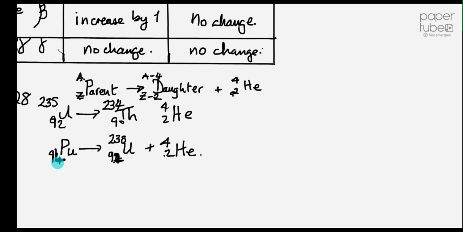I took the question down wrong. 238 and 4 is 242. Fair enough. Made a real hames of that one. So let's go through it again. 92 and 2 gives me 94. 238 and 4 gives me 242.